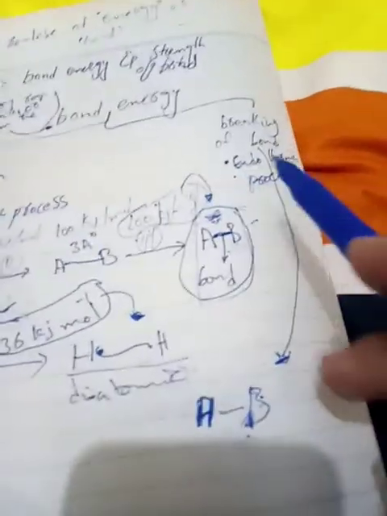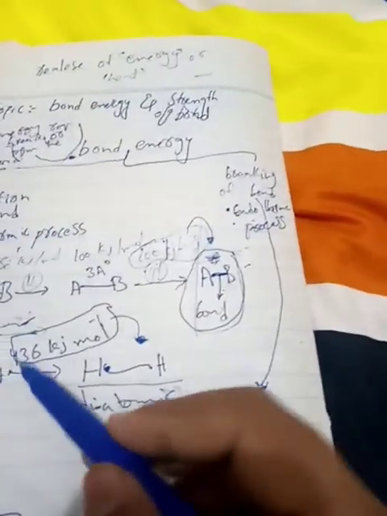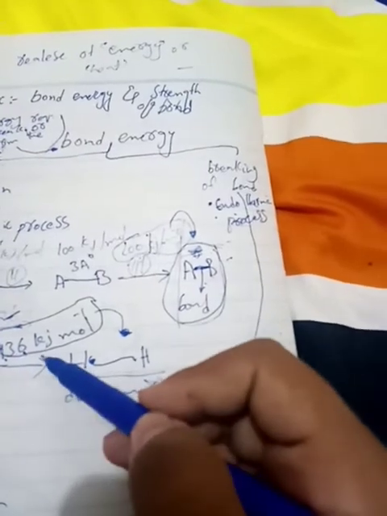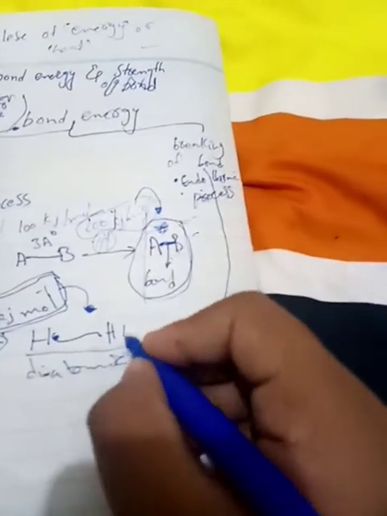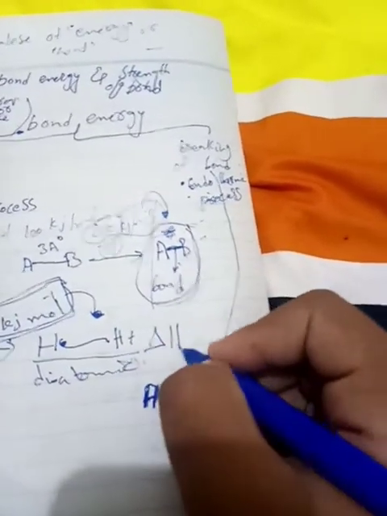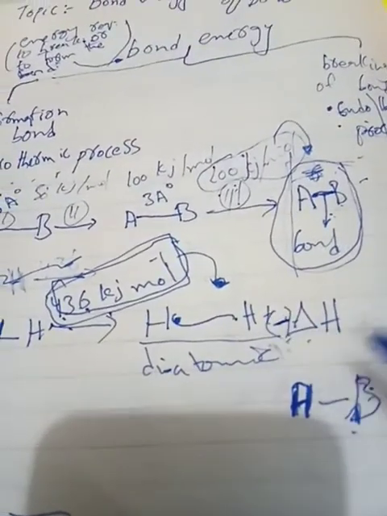Here the energy will be given, and here, while forming the bond, the energy will be released, plus delta H. The release of energy is also called a minus sign, because the energy has been released, not stored. And this process is called the endothermic process.